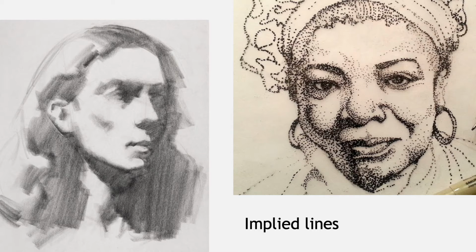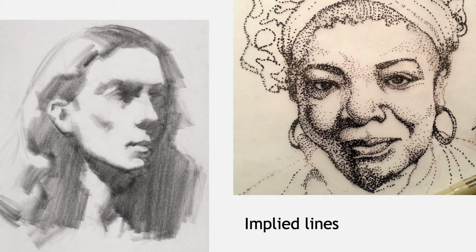Another way, going over to the left-hand example, this artist uses value to create implied lines. So there are a few clear defined lines in this drawing. However, for the most part, it is pretty blurry and undefined.